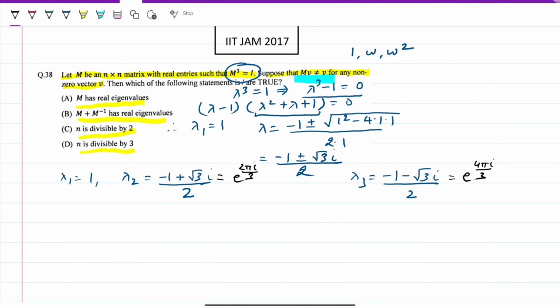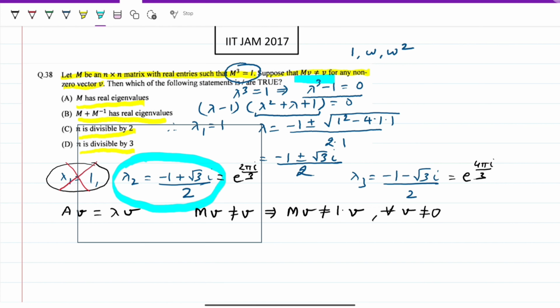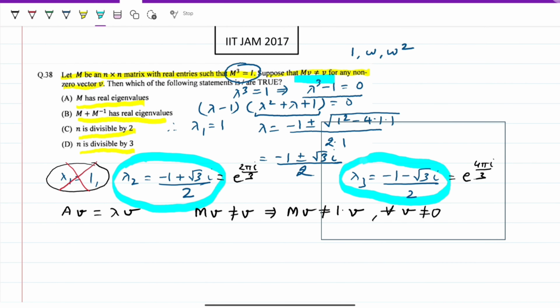Now recall that for eigenvectors and eigenvalues, we have the equation AV equal to lambda V. In this case, we have said that MV is not equal to V, which means that MV is not equal to 1 times V for any non-zero vector V. Thus it is not difficult to understand that lambda 1 equal to 1 is not an eigenvalue of the given matrix M. So we have 2 eigenvalues, one of which is this, and the second one is the complex conjugate of that number.